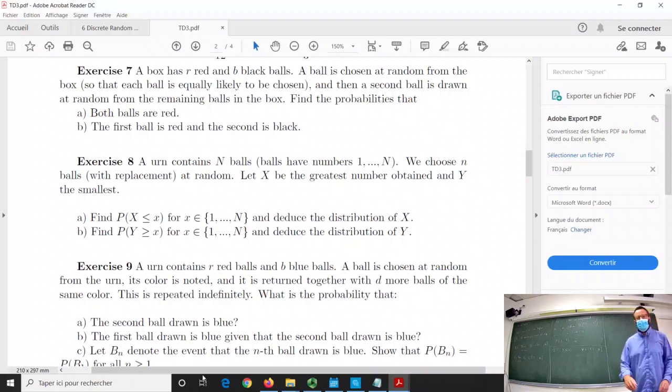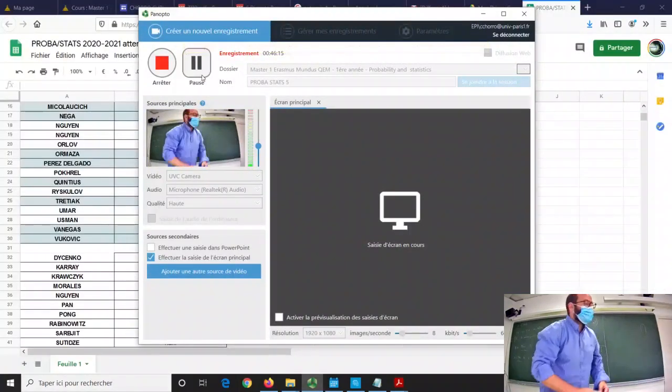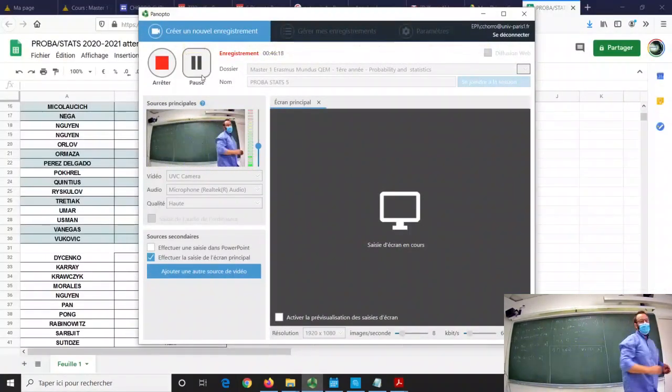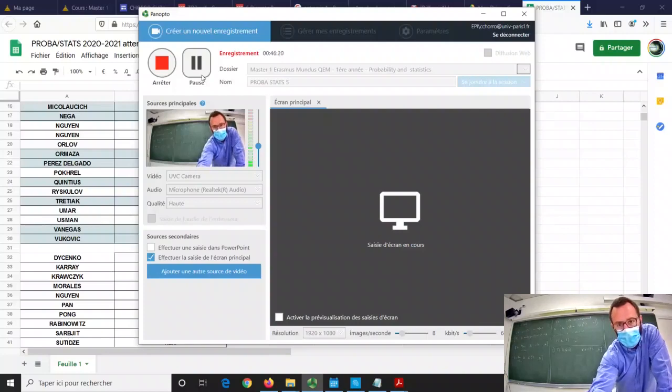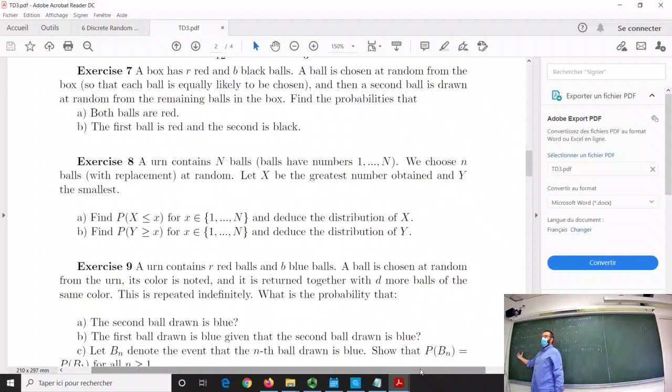To compute this one, I have the probability that the maximum is less than small x to compute. And why is it easy to compute this one? Because I have the max here.